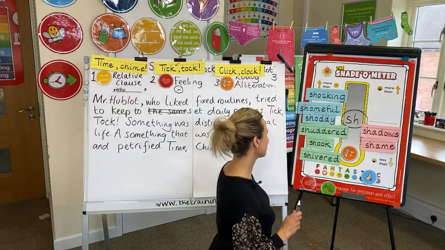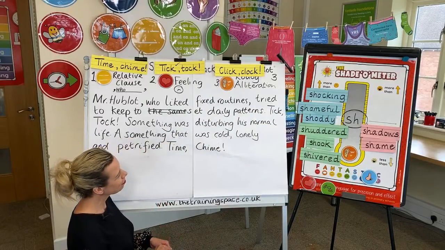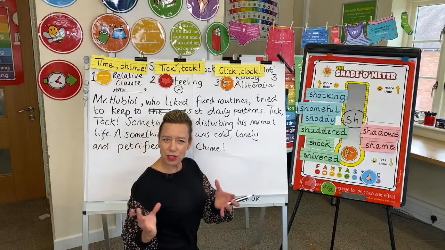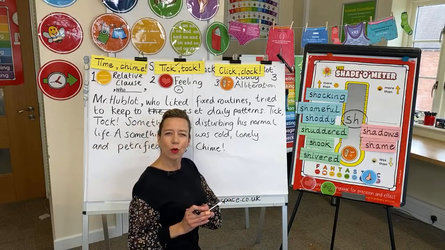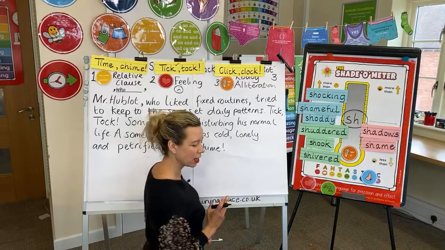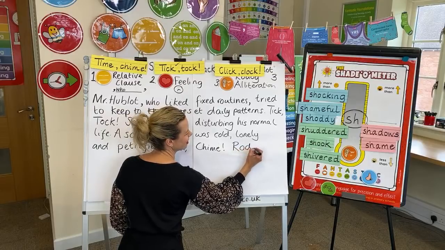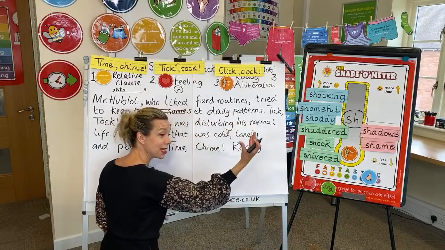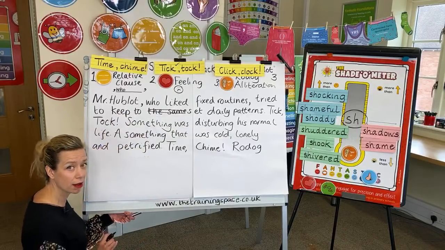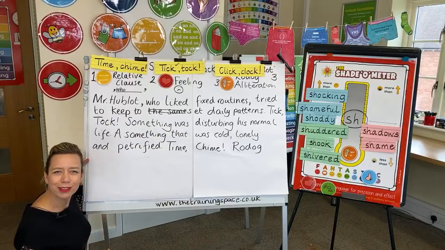What I'm going to do now, though, is I'm going to choose a different sound. I'm going to have a go at building an alliterative sentence all around the sound R. So let's have a go at that. Road dog. Because this is now when Mr Hublot can really see what's happening outside. He looks actually very closely at what's happening. Road dog rumbled.